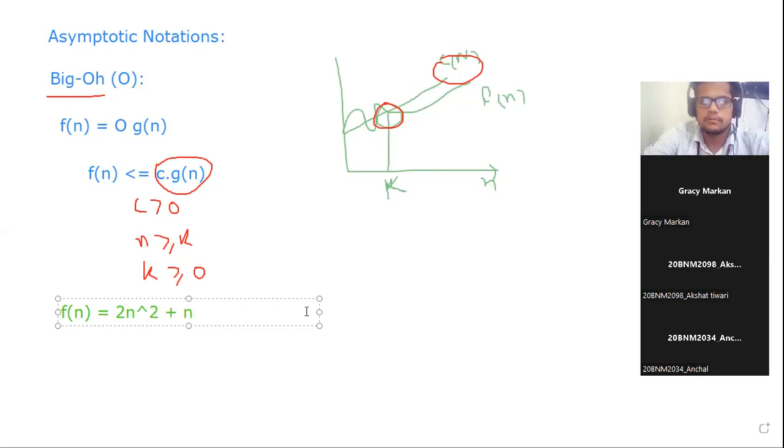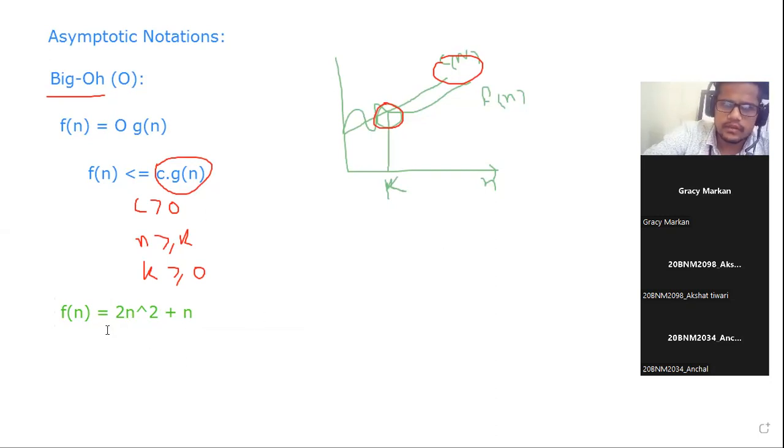The same example I am going to cover. Here, Fn is given, and we are going to use the hit and trial method to check which value works.